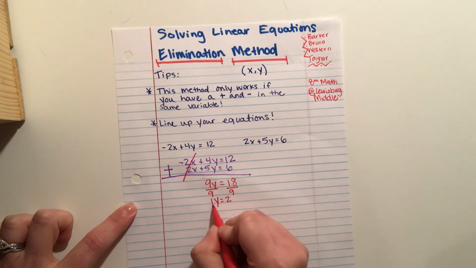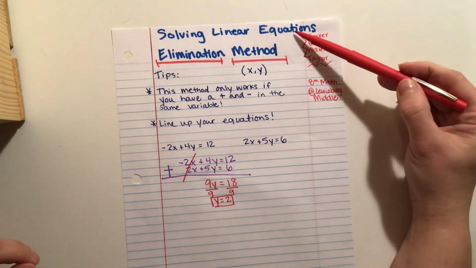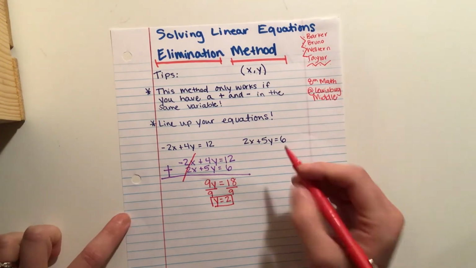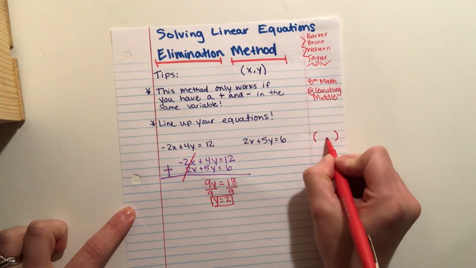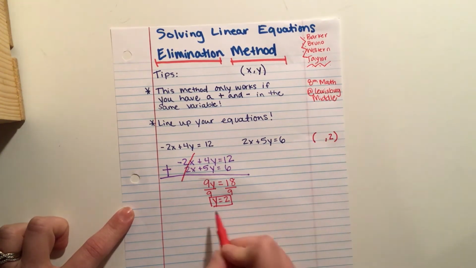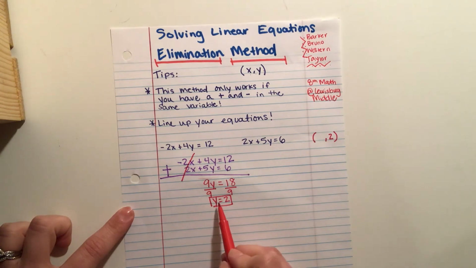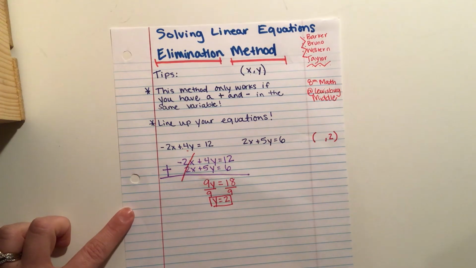Y equals 2. Now, like we said before, solving linear equations, you must have an x, comma, y. I know what my y is. Let's put our answers over here to the side. Our y is 2. Because I know that y equals 2, I've got to go back to the substitution method and substitute this y equals 2 into either one of my equations to solve for x.